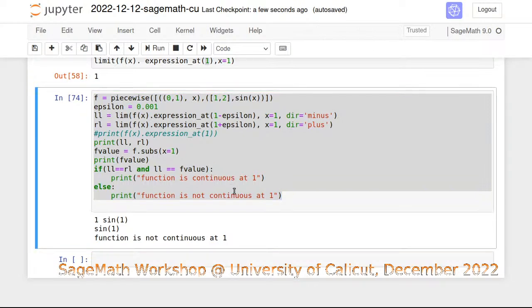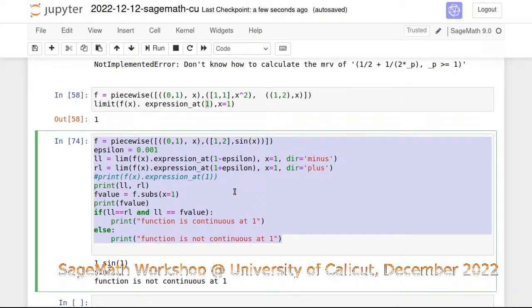Okay, let me just update the Google document with all this. Update it. You may please try these commands. I'm just taking 1-2 minutes so that you can have a look at all these things. What are all the things we have done? Expression is a new thing that we tried just now.